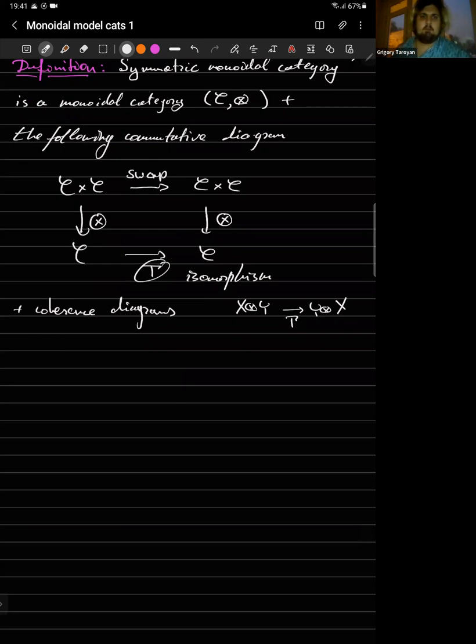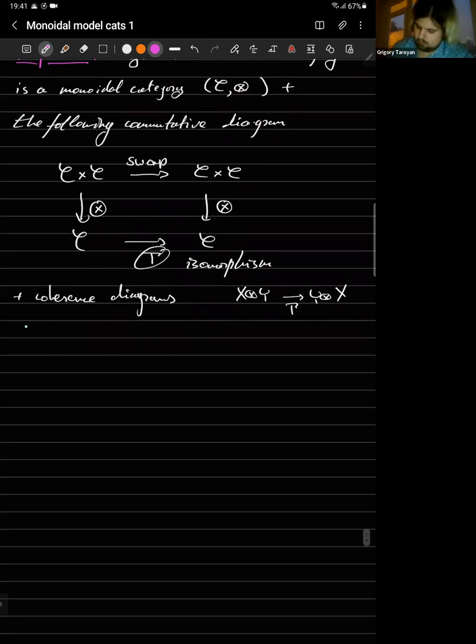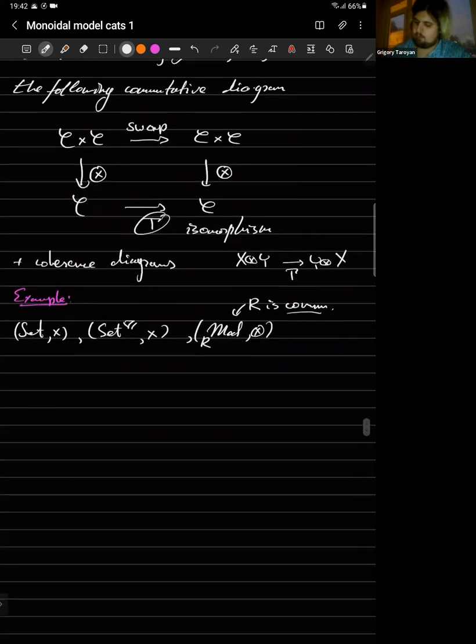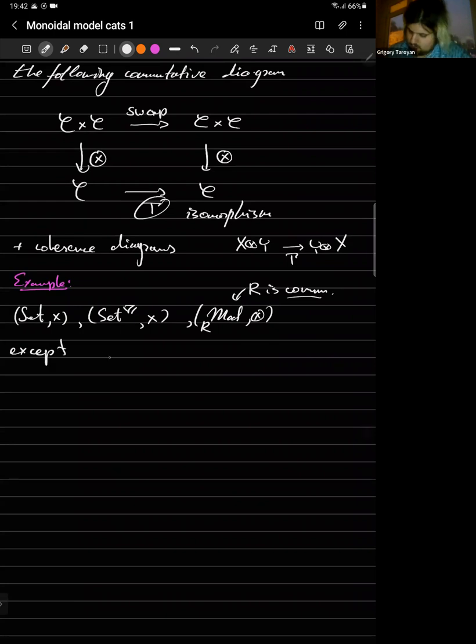Okay, so basically all of the categories above, except bimodules over a non-commutative ring, are symmetric monoidal.